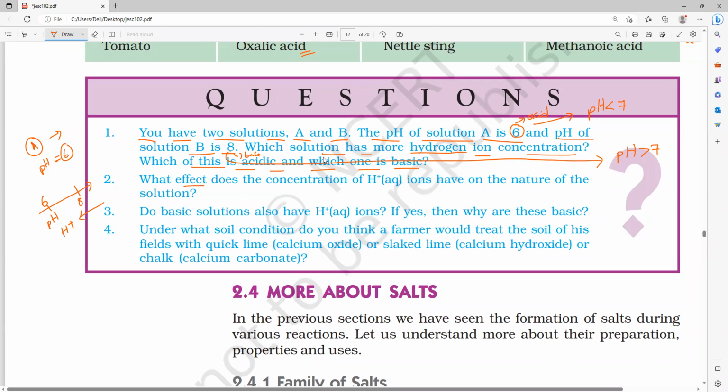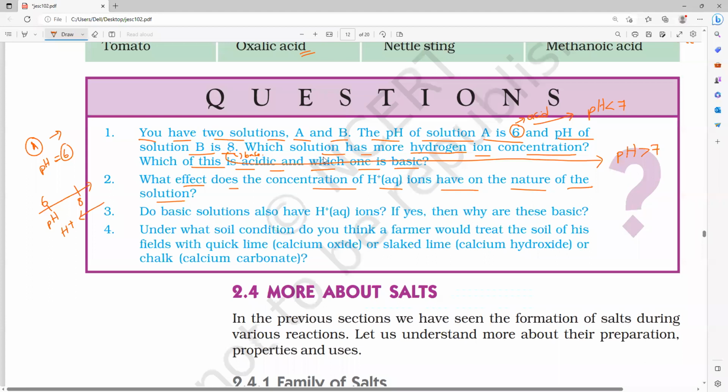Next, what effect does the concentration of H plus ions have on the nature of the solution? We all know that the higher the concentration of H plus ions, the stronger the acid.